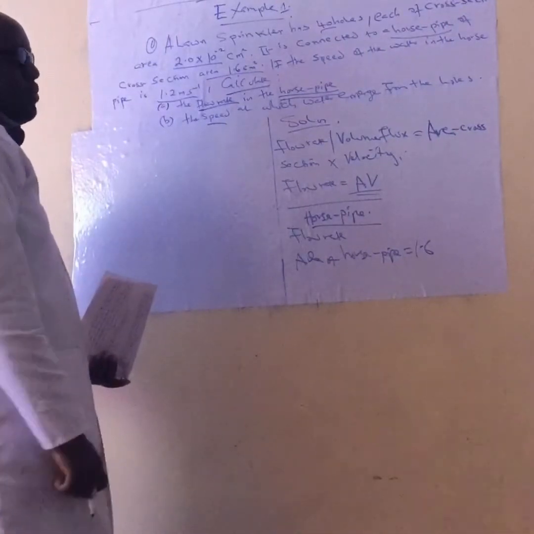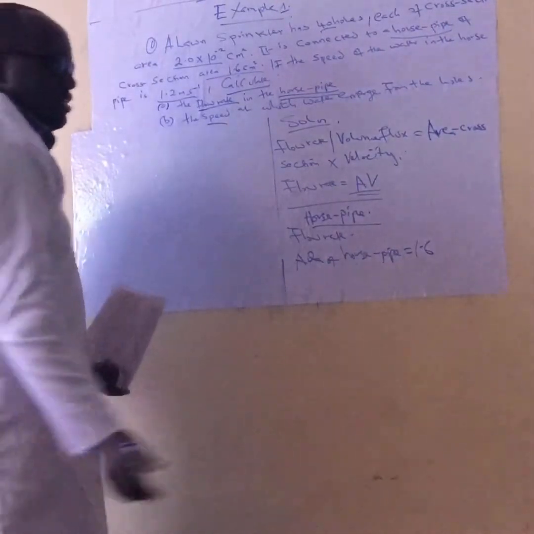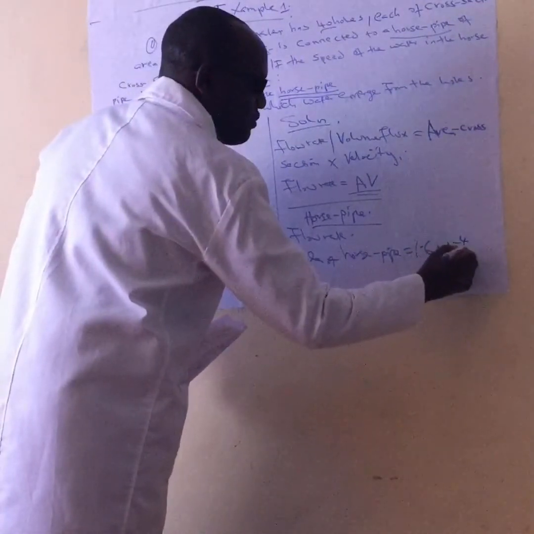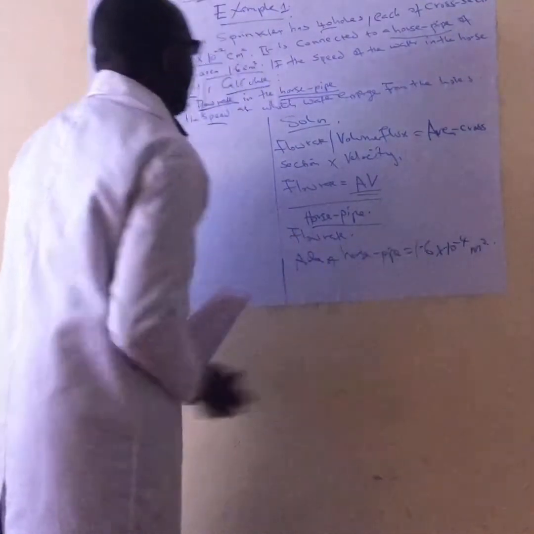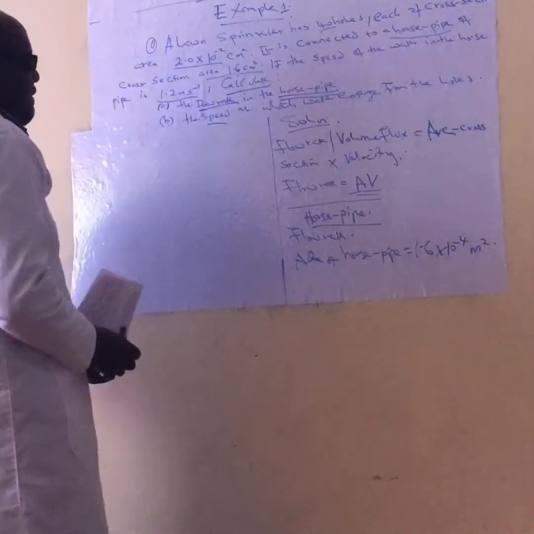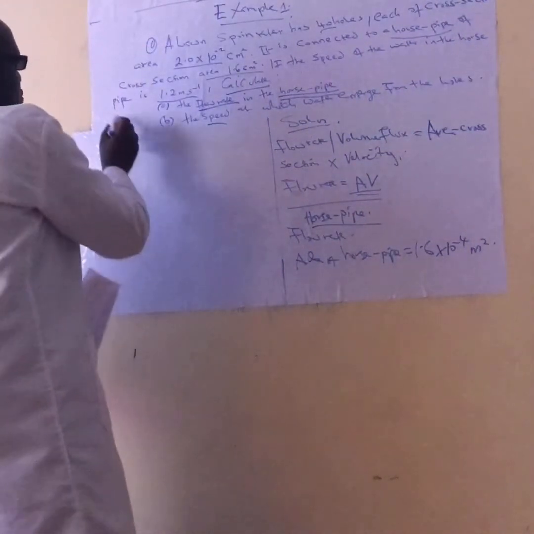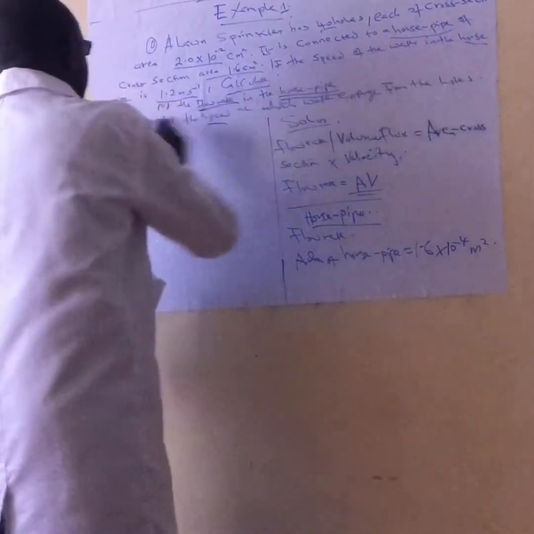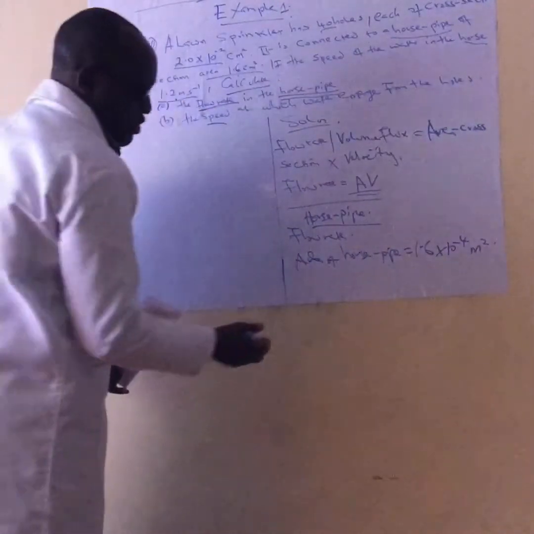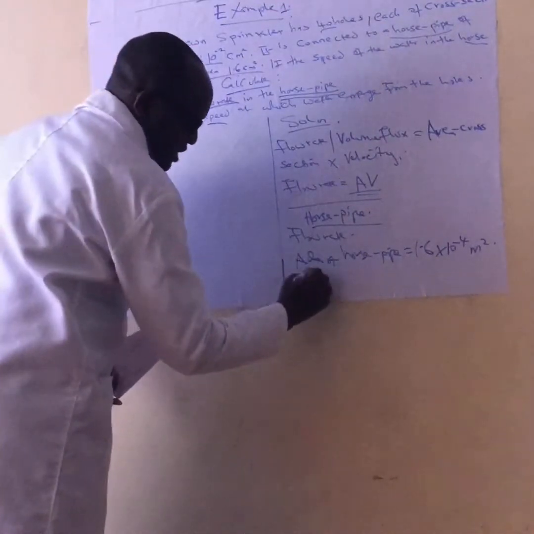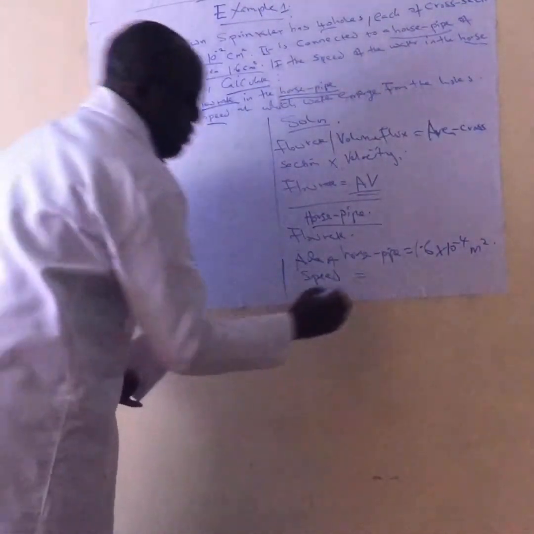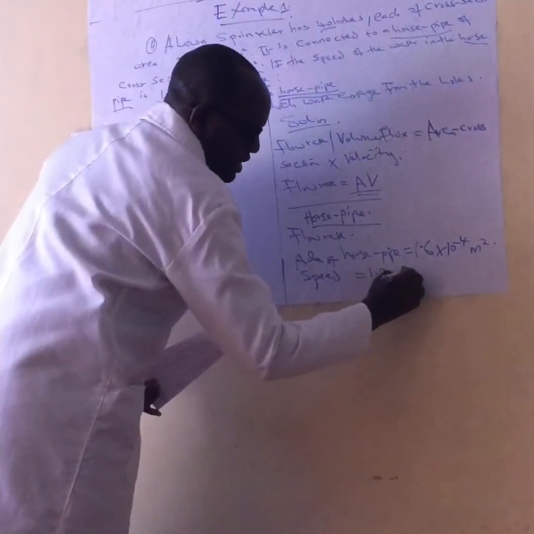It is in centimeters. We are supposed to change it to meters, meaning that we are going to multiply by 10 power negative 4 meters square. Then we are also being told that the speed of water in the hose pipe is equal to 1.2 meters per second.